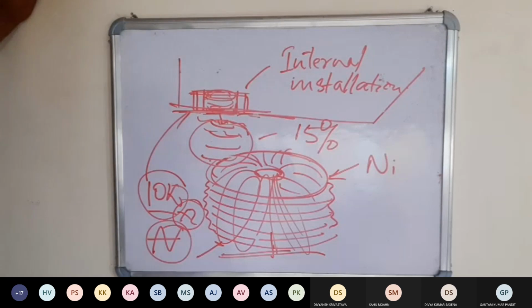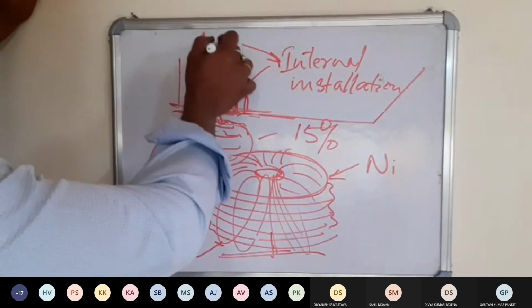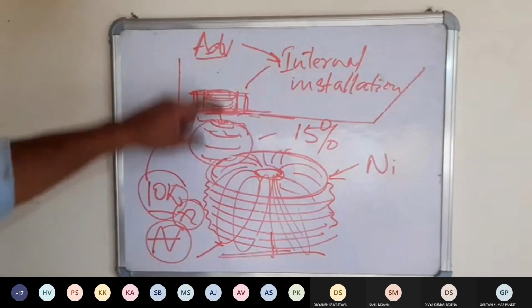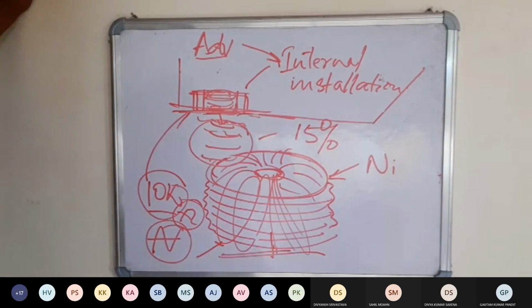There are losses. So this one is an advantage because it is internal installation. कभी भी निकाल सकते हैं, लगा सकते हैं, रिपेयर कर सकते हैं. हल की कंटिन्यूटी जो है वो ब्रीच नहीं हुई है, so that is an advantage.